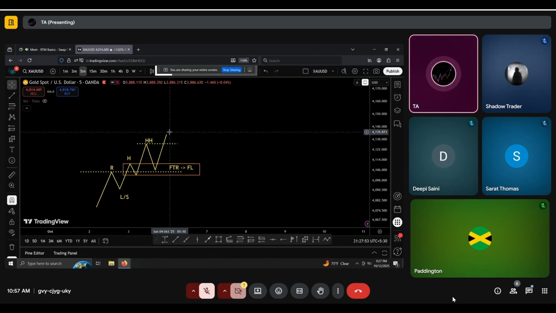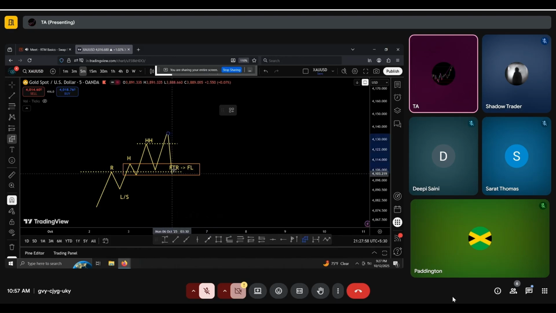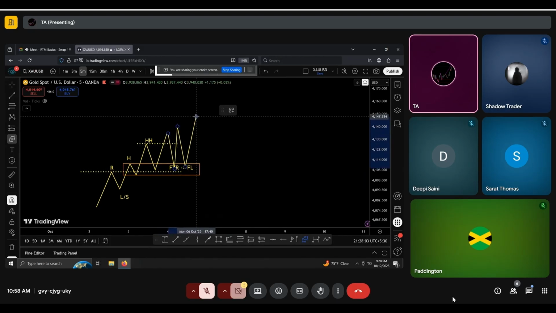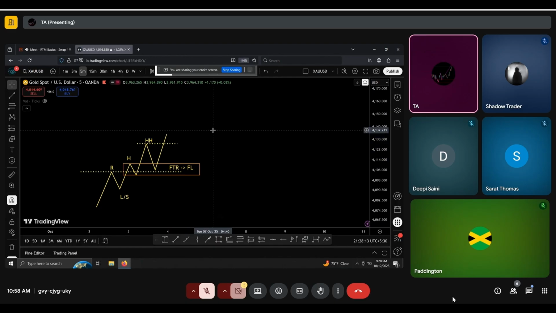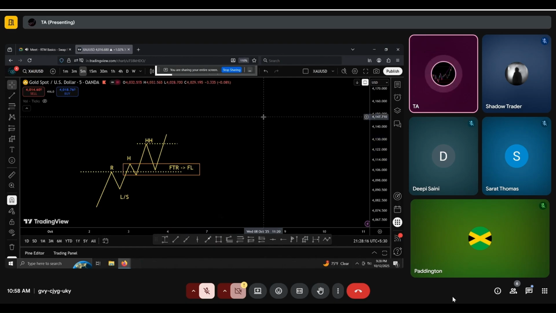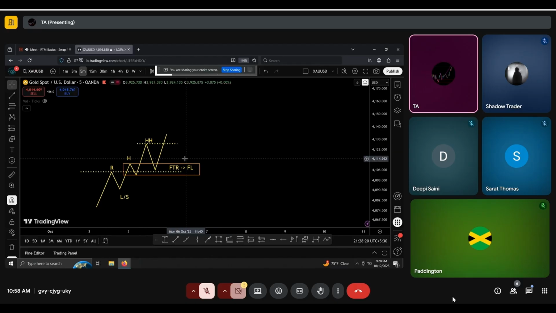Doesn't matter how many times price comes back. Price may come back again, goes up, comes back again, goes up. That doesn't matter. Until the box is broken to the downside, this is valid, right? So now you have understood how the FTR is formed and how it converts to FL.